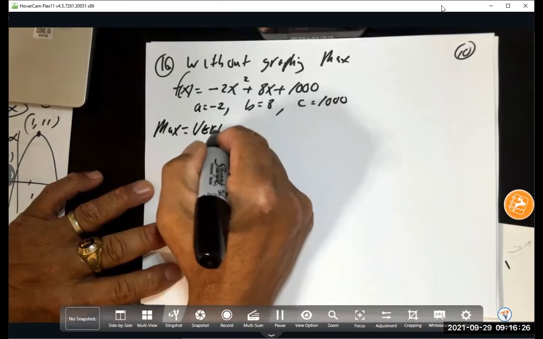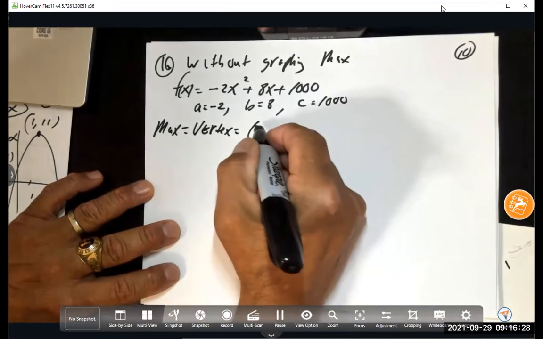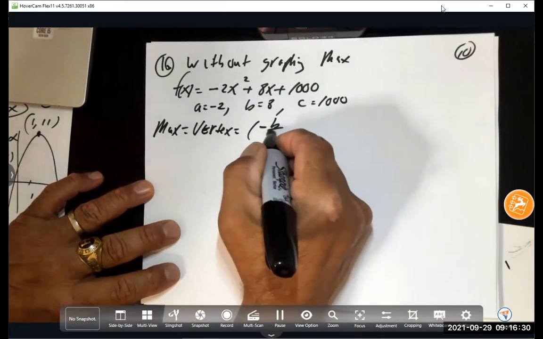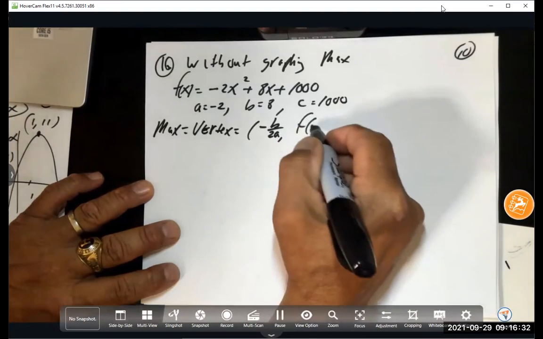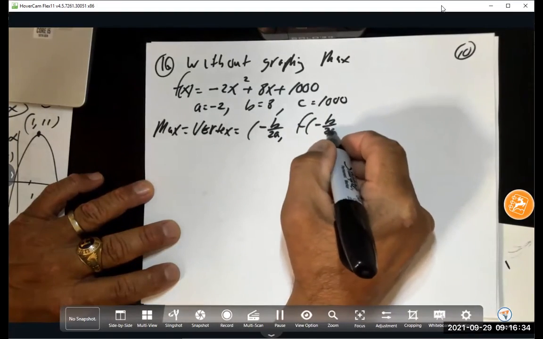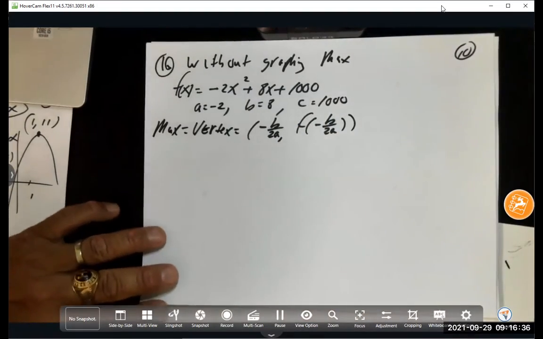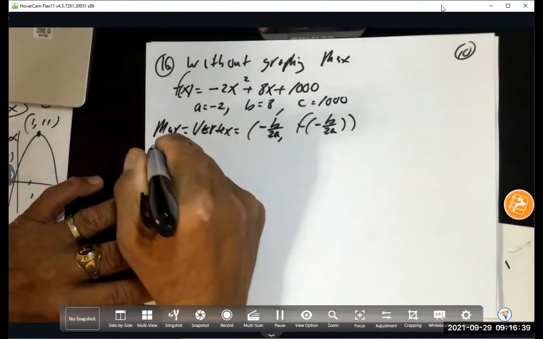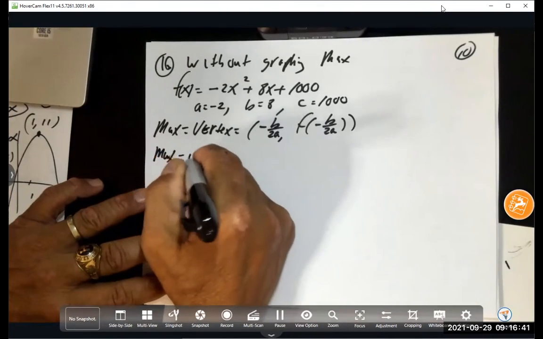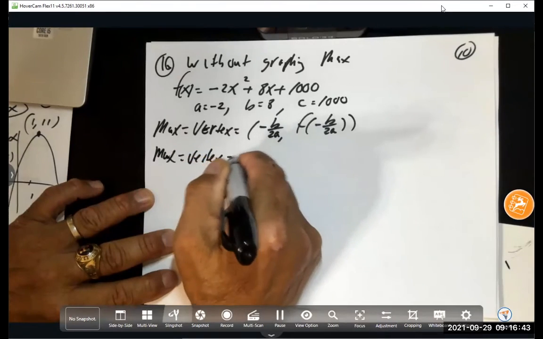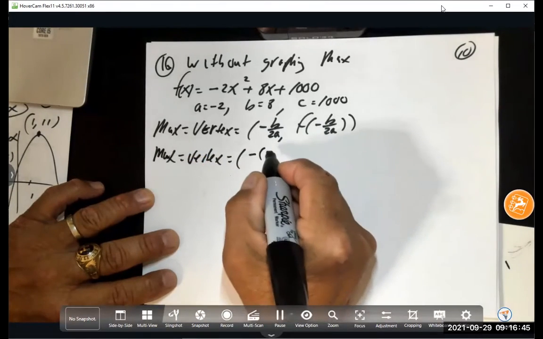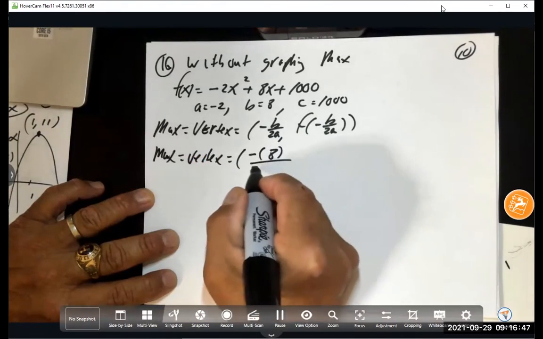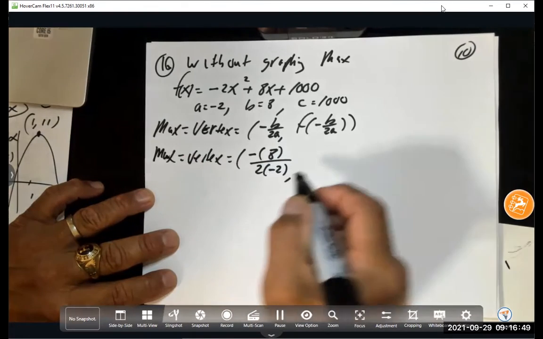All right. So now, and then I'll tell you that the max, which is the same thing as the vertex, which is going to be that formula, negative b over 2a, f of negative b over 2a. There you go. You'll see it right there. So I'm going to put the max again, which is the vertex formula, is negative of b, which is what? 8, and 2 times a is negative 2.